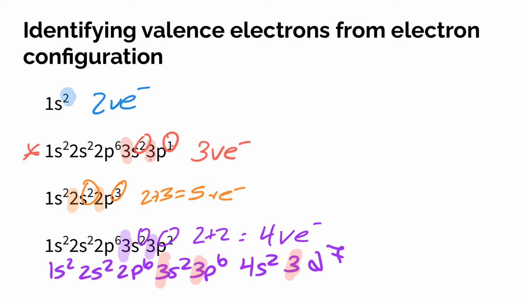It's actually this 4. So we're looking at that one. It's actually this 4, because 4 is the highest energy level. So it's 2 valence electrons here.